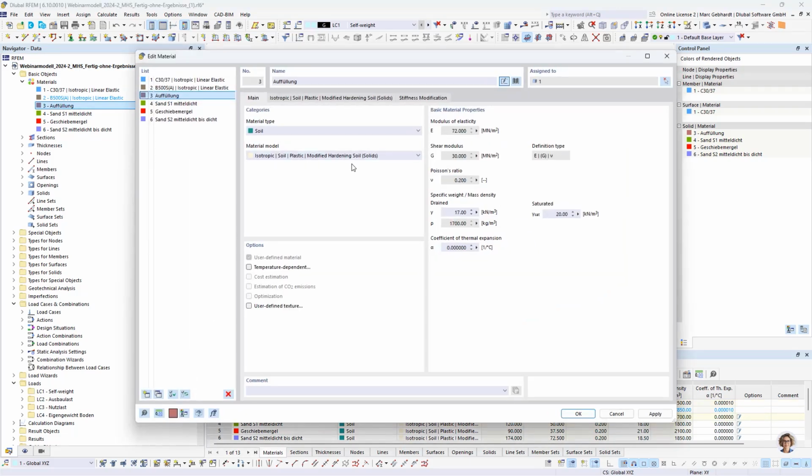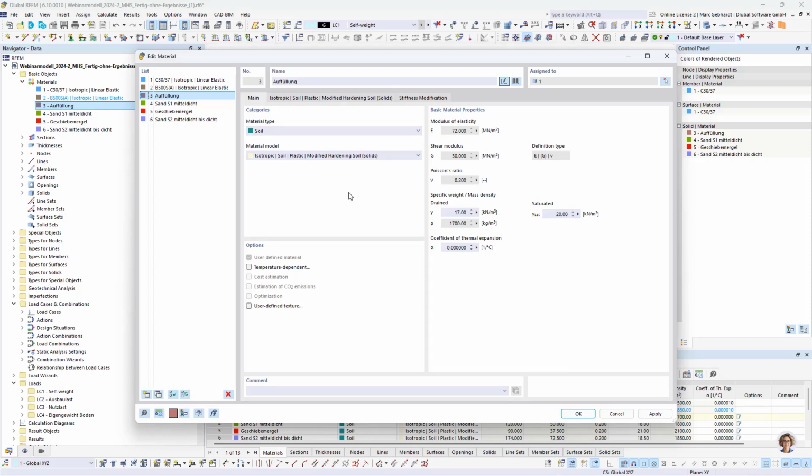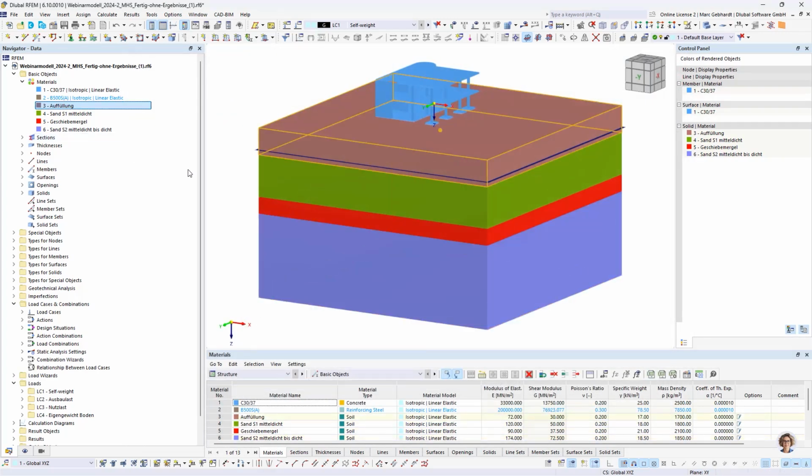They use the modified hardening soil model, with basic material properties that rely on the loading and unloading Young's modulus. Whether this is really true for a 2D linearized behavior is not completely sure, so for a real project you have to check it. But to simplify, we just select linear elastic, and we see the Young's moduli of the soil materials are changed and the behavior is now linear elastic.